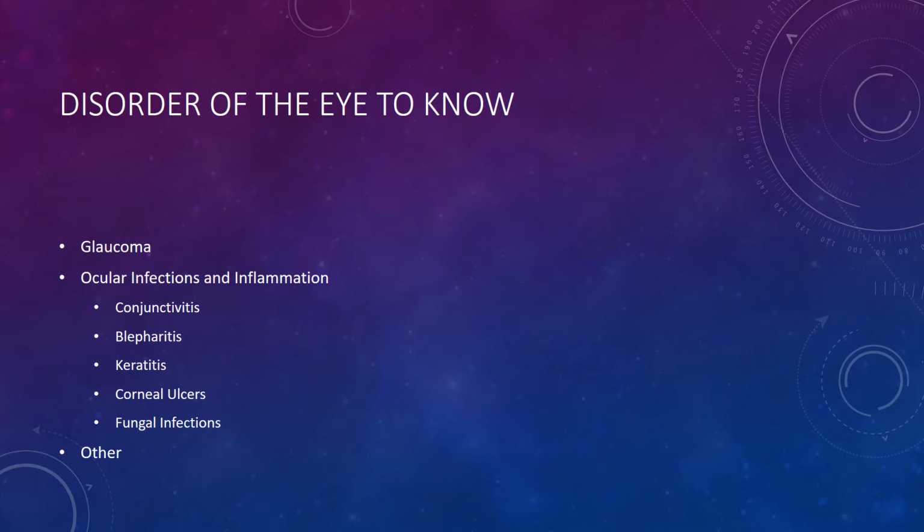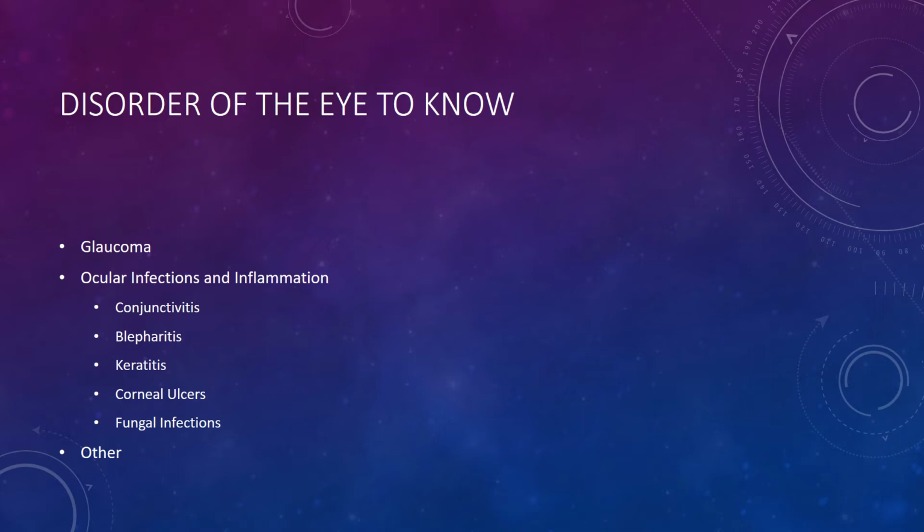Cornea ulcers may be bacterial, fungal, or viral, and bacterial ulcers most often occur because of infections like with pneumococci or staphylococci. Pseudomonal ulcers are less common. Fungal ulcers may follow topical corticosteroid therapy or injury with any kind of plant matter, such as tree branches and things like that.